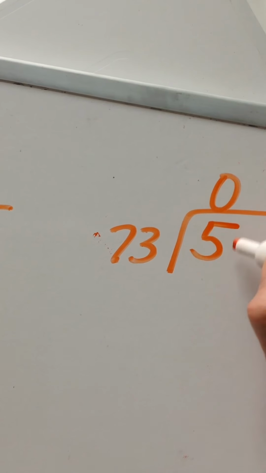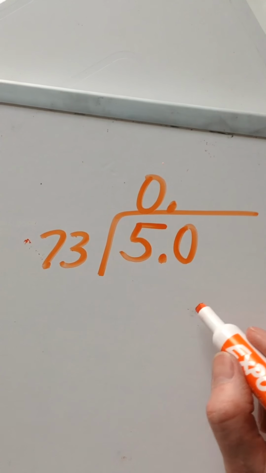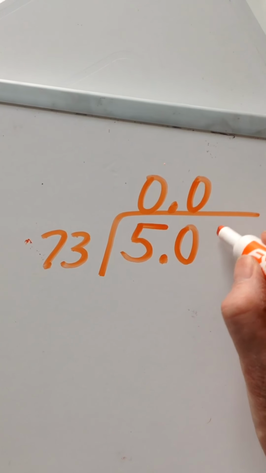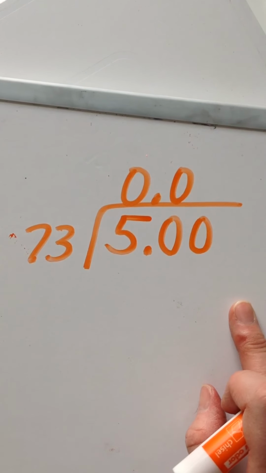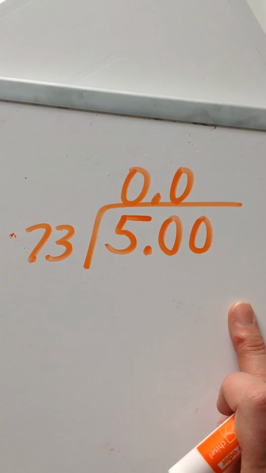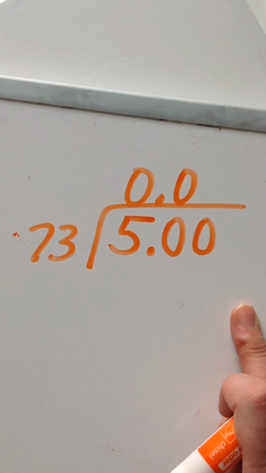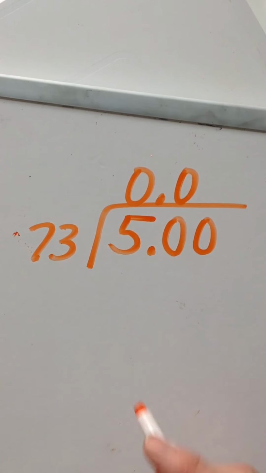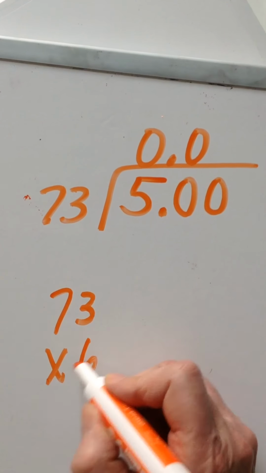So it won't go in there, so I'm going to have to put a decimal point. 73 won't go into 50, so I'm going to put another 0 up there, and 73 will go into 500. How many times? So definitely not 10, right? We know it can't be 10. I'm thinking about 6. So let's do 73 times 6.